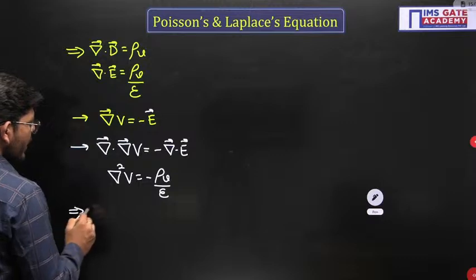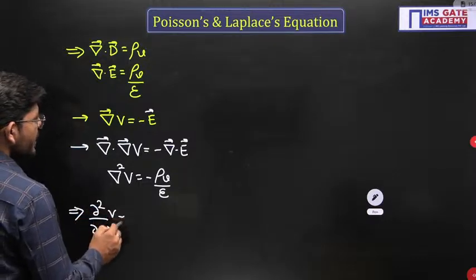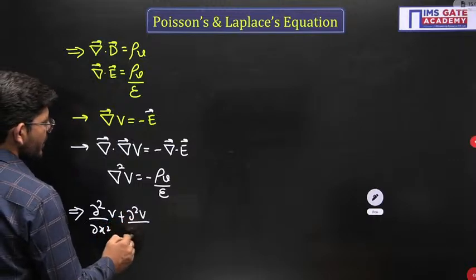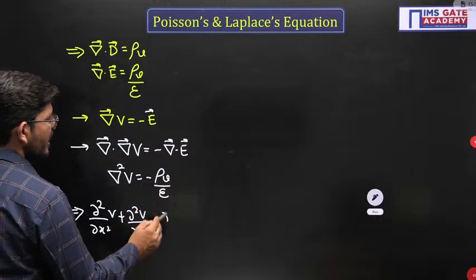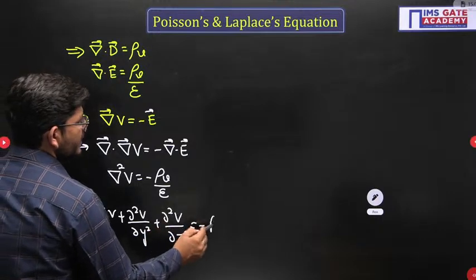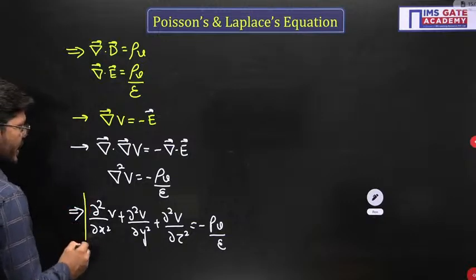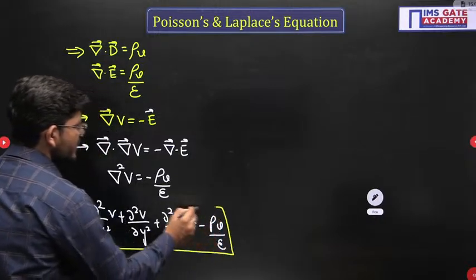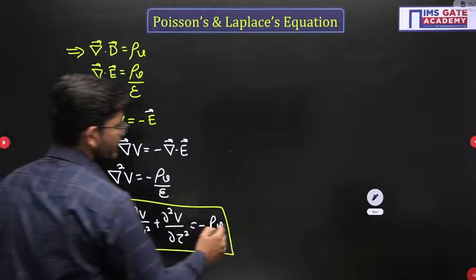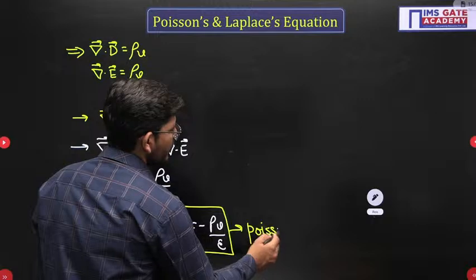Now del square v means d bar square v upon d bar x square plus d bar square v upon d bar y square if we are using Cartesian coordinates. Okay, this is equal to minus rho v upon epsilon. So if you have written an equation like this, this is known as the Poisson's equation.